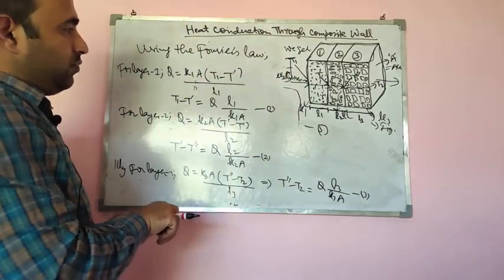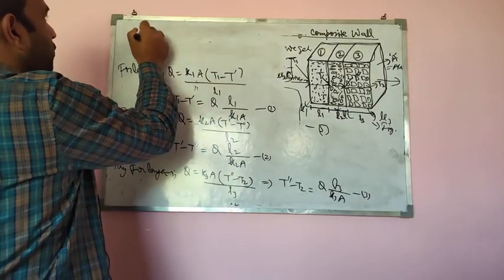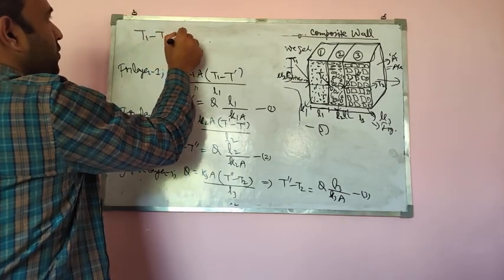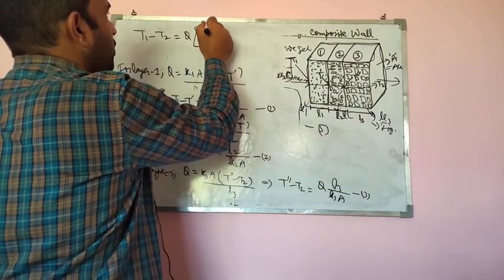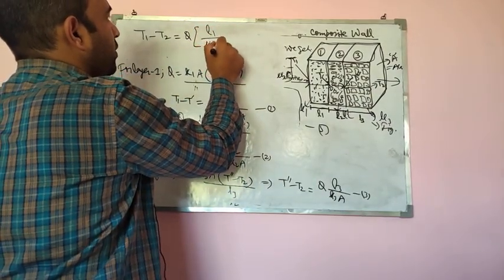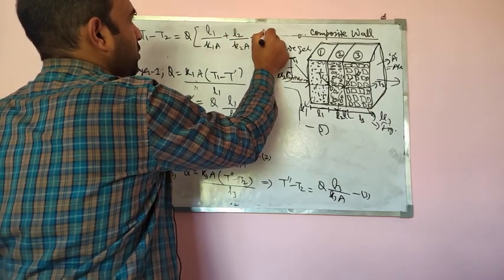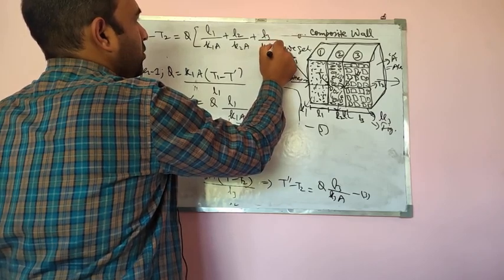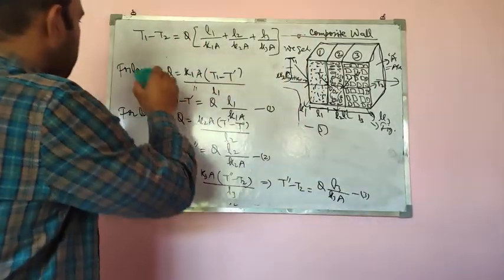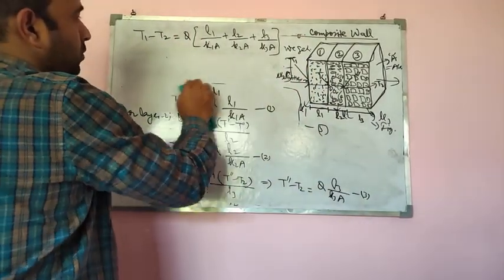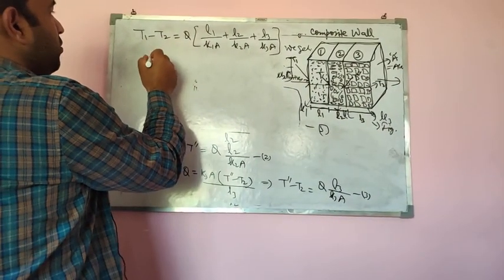Now what we can do is add equations first, second and third. What we will get is T1 minus T2 is equal to Q, we can take common, times L1 by K1 A plus L2 by K2 A plus L3 by K3 A. So it can be rearranged like this.